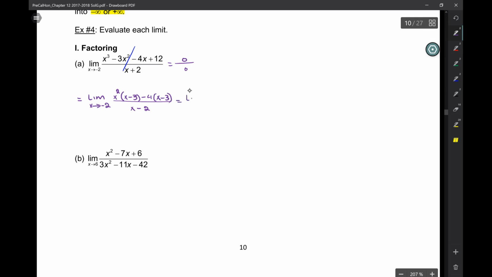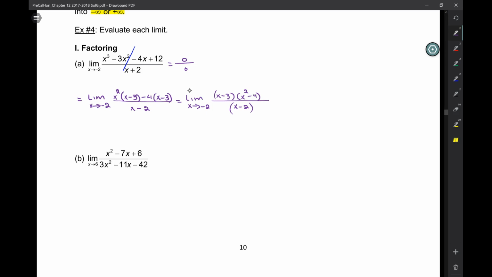This is equal to the limit as x approaches negative 2 of x minus 3, x squared minus 4, over x plus 2. Notice, when I'm doing algebra, when I haven't yet plugged in my value, at each step I have to put in my limit notation.